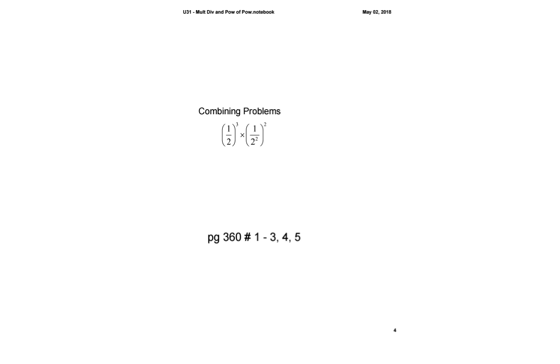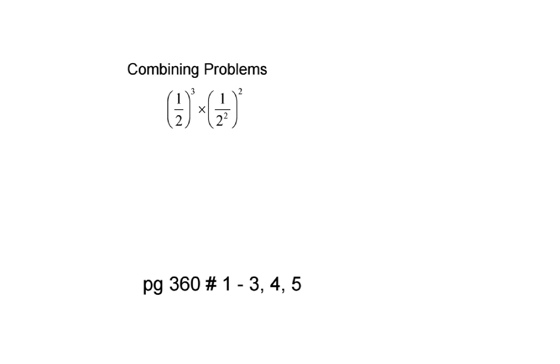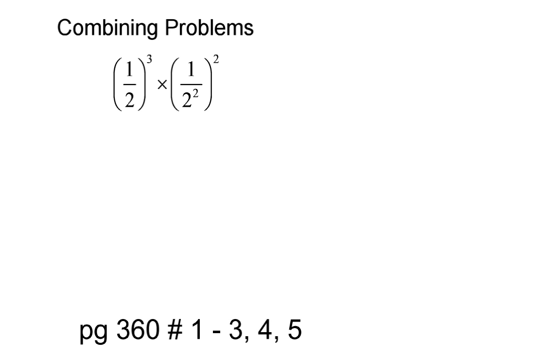So now imagine that we decide we're going to combine powers. Combining powers means we have a problem that looks similar to this. In this case, we have a multiplication and we have power of a power. Now, the power of a power happens here, but the multiplication ends up being between these two.